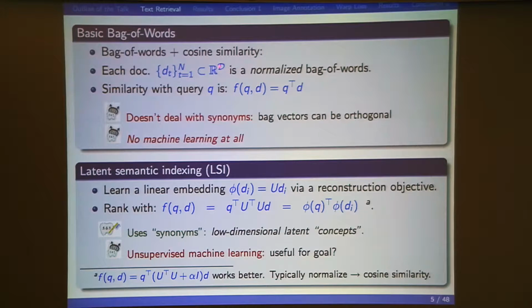So D is our dictionary size, and this is a big sparse vector, lots of zeros, only where you have words will there be non-zeros. Then the score between a query and document is just the dot product. This doesn't deal with synonyms at all, so this is a bad idea from that point of view.